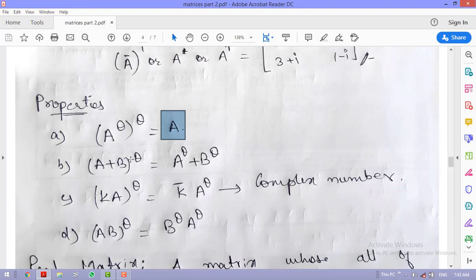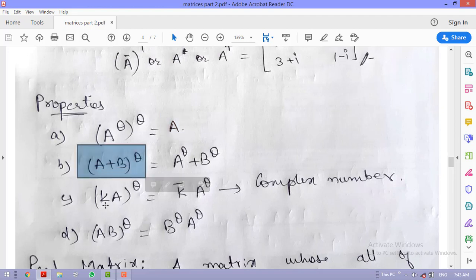That will be equal to the individual transpose conjugate of each matrix, and then the resultant matrices have to be summed up.